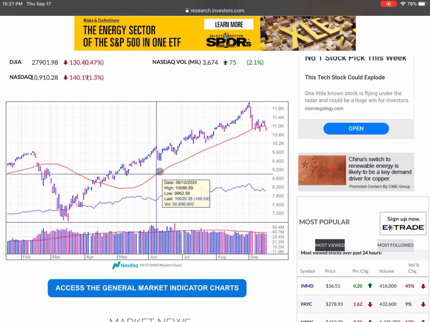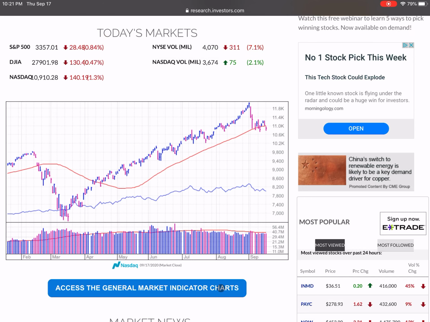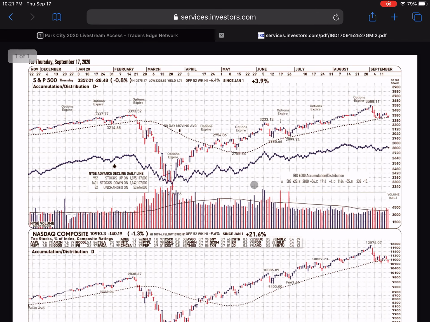But you'll see this graph, and then either in the morning, anytime during the day until the market closes, or about 5 or 6 o'clock, basically 2 hours after the market closes that day, you'll be able to see that day's chart by clicking this blue button.